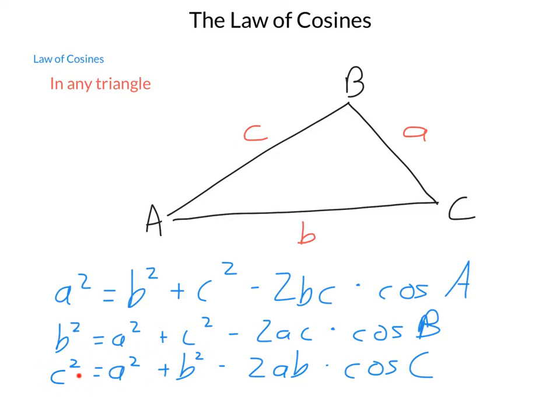And the reason that would come out as such is that the Pythagorean theorem only works if triangle ABC is a right triangle with the right angle being at C. Well, if my right angle is at C, that would make C 90 degrees. The cosine of 90 degrees is 0, and so everything from this subtraction sign down would simply disappear, and we'd be left with our old friend Pythagoras.